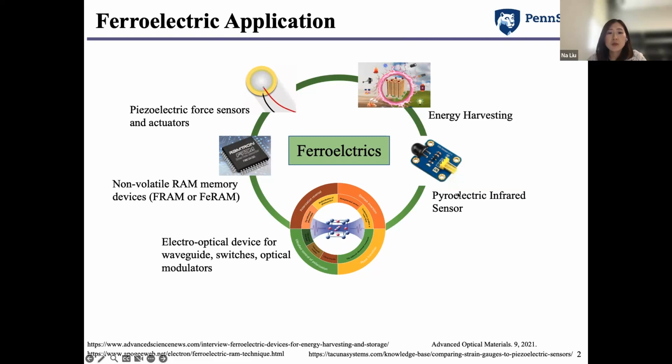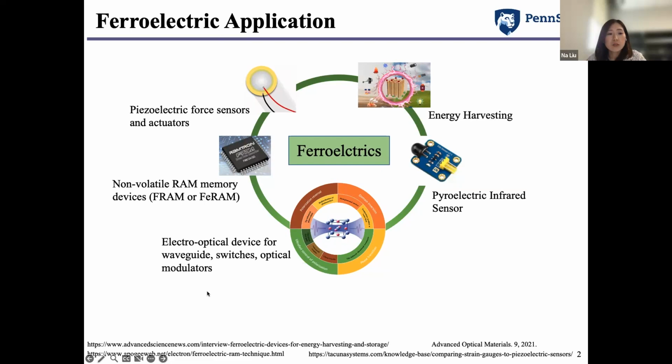Moreover, by using the pyroelectricity property, the ferroelectric materials can be used as infrared sensors to detect motion or presence. These are commonly used in security systems or home automation.